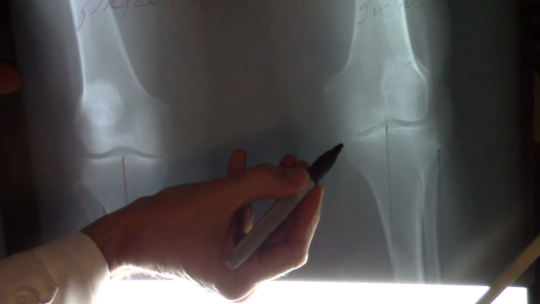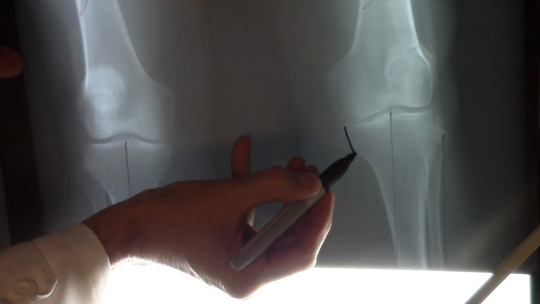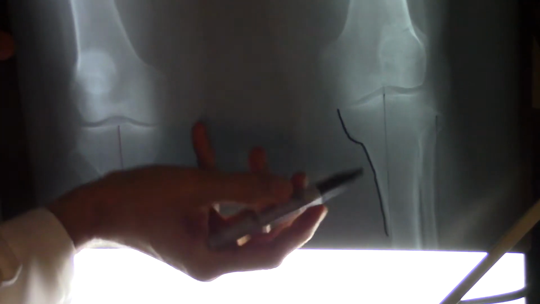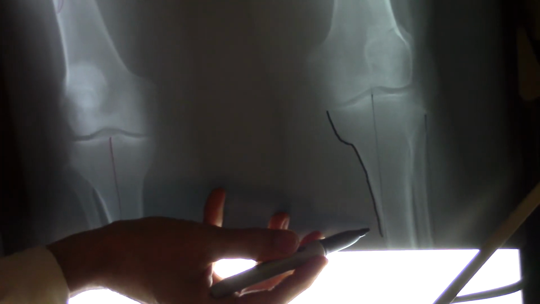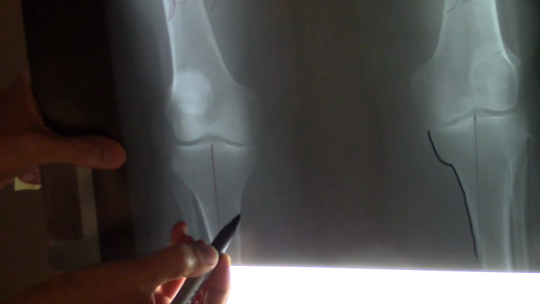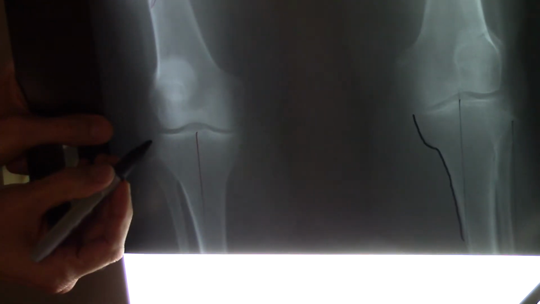This is the cortex, the outer dimensions of the lower leg bone. You can see this line, how it gets close to this line. This knee is in a valgus or knock-knee alignment. Now, if you observe the right, again, this is the inner, and then this is the outer.